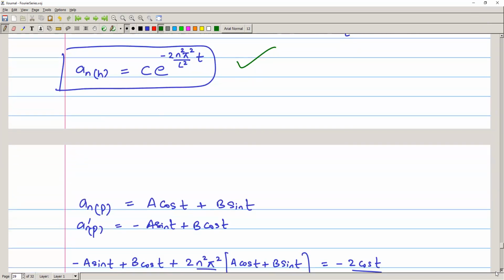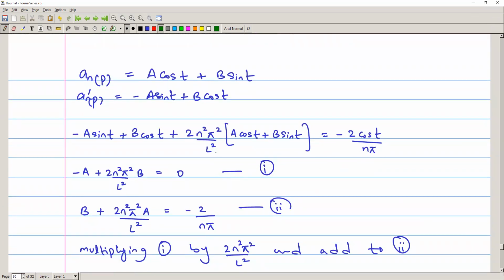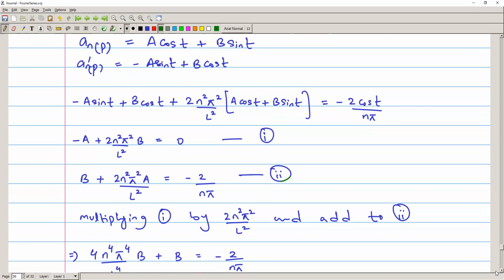So the particular solution will be a cosine t plus b sine t. We will find a and b in a similar manner. We will generate equations, compare the coefficients by arranging them, and then we will get two algebraic, linear equations. We will solve for a and b simultaneously, equations 1 and 2, by the elimination method.